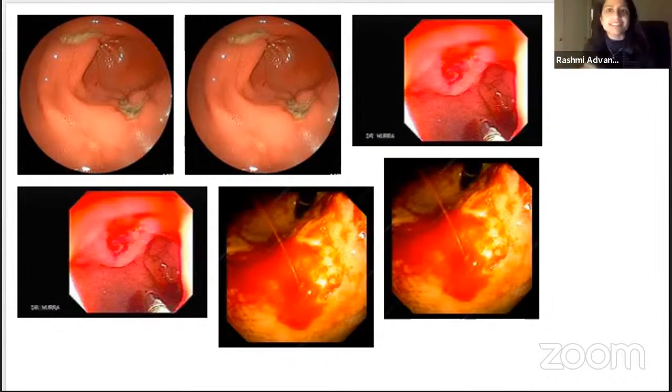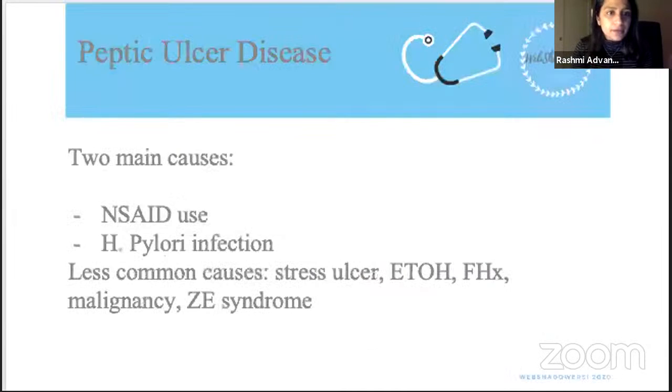Okay, I apologize. So really these are the pictures of what bleeding ulcers look like in the stomach and also in the small bowel. So peptic ulcer disease, as I mentioned, the two main causes in both the stomach and the duodenum are NSAID use and H. pylori infection.